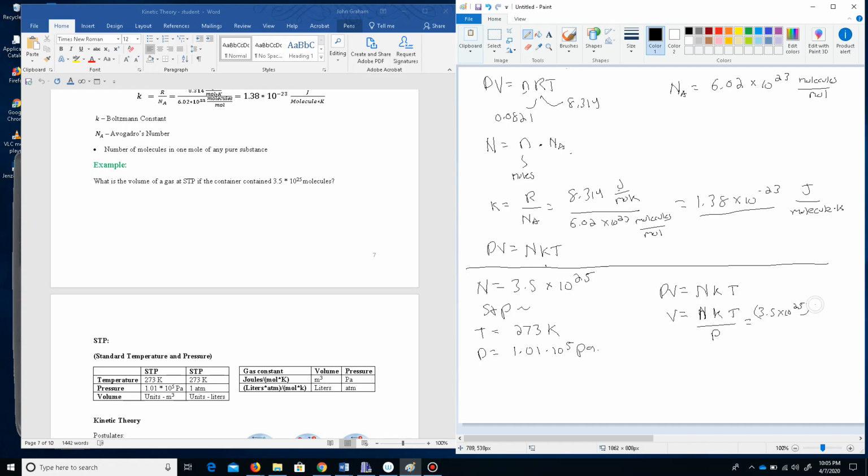k is 1.38 times 10 to the negative 23rd. Temperature is 273. And then over the pressure, which is 1.01 times 10 to the 5th pascals.